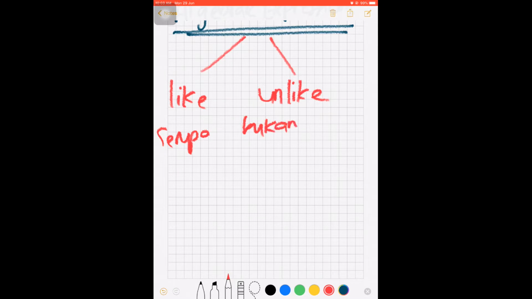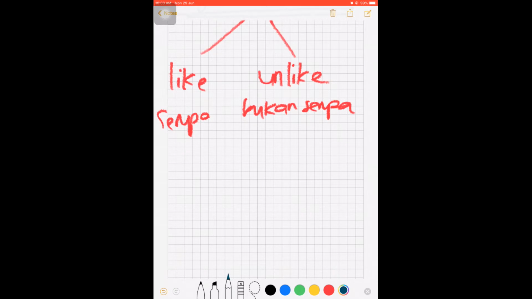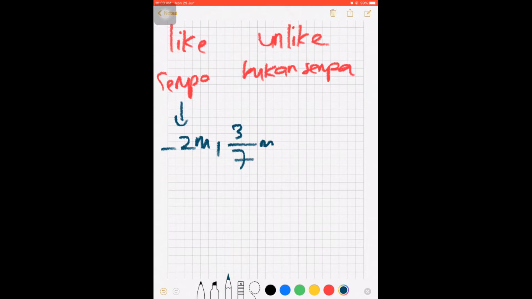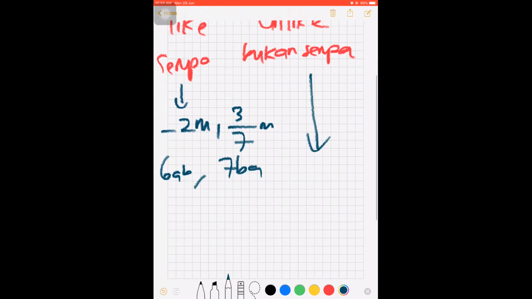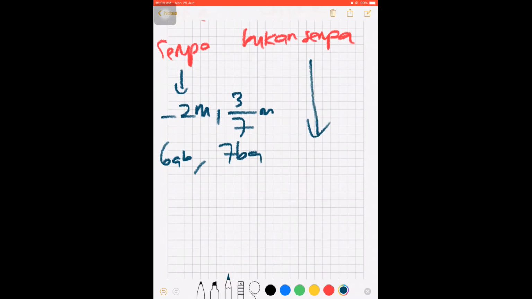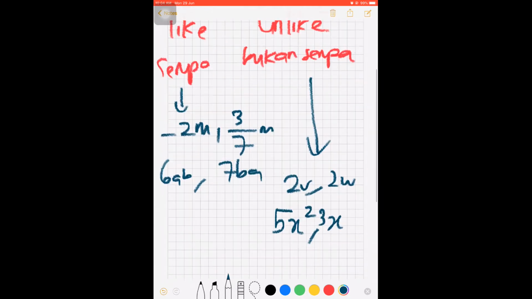So just to recap, like terms are like negative 2m and 3/7m, or 6ab and 7ba. Kalau bukan serupa, unlike terms, contohnya macam 2v and 2w, or 5x squared and 3x. Ni bukan serupa.